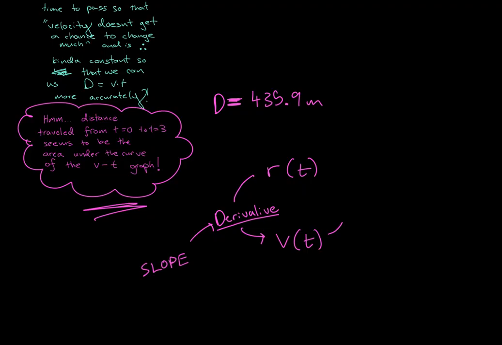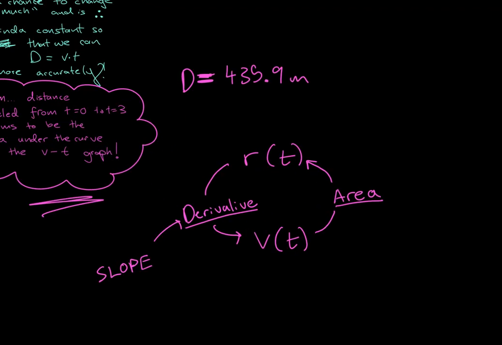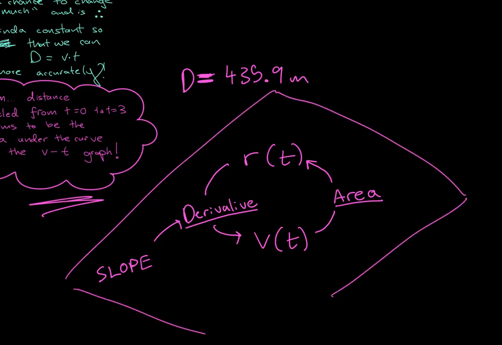And going from velocity back to position, that seems to have to do something with area. Okay. I don't know how to emphasize how important that is. That was a horrible box, but that's what I've got.